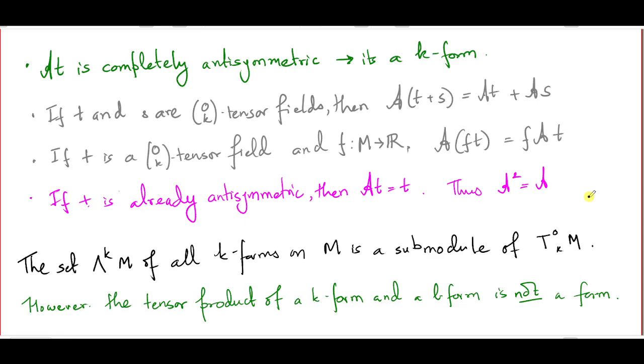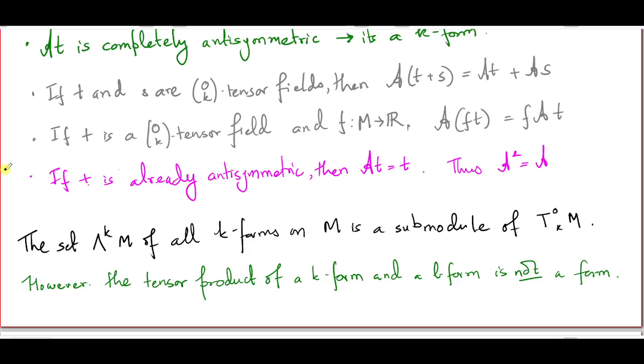However, in order to produce a differential form, you must have an object which is completely antisymmetric in all its arguments, not just the first k taken separately or the last l taken separately, but all possible interchanges should give rise to a minus sign. That is what is not going to happen when you take a tensor product of a k-form with an l-form. But there is another obvious way in which you can actually end up producing a form by modifying the tensor product of a k-form and an l-form.